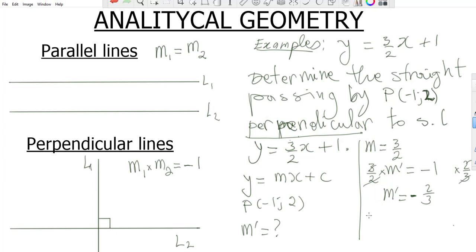That will be easy. So we'll have y is equal to mx plus c, with m equal to minus 2 over 3, and our x is minus 1, plus c.